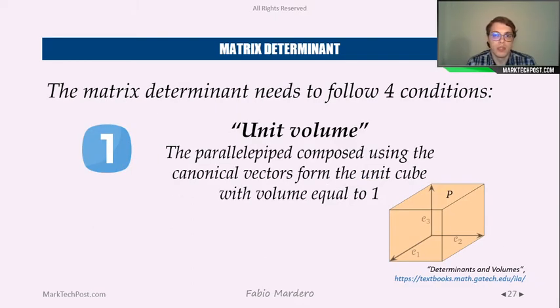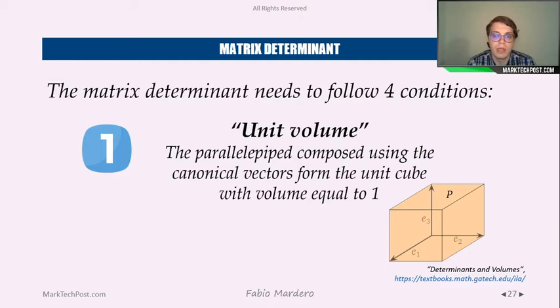But we can't choose any function we want. We need to define some properties, some conditions. Here the determinant has to follow 4 conditions. The first one is the unit volume condition. Of course, if we want to measure something, we need to define a unit measure, as is the case for the meter, the liter, and so on.